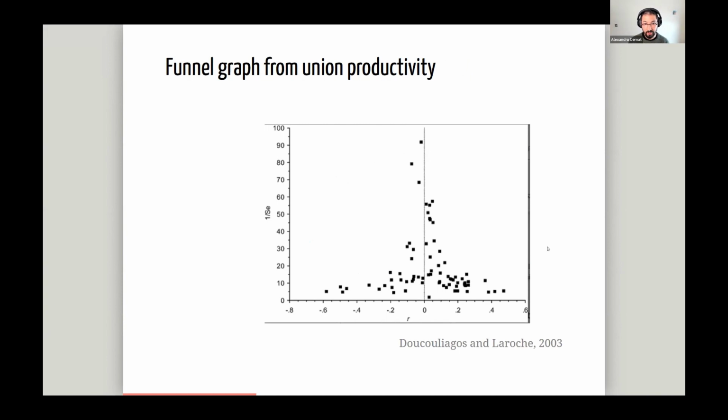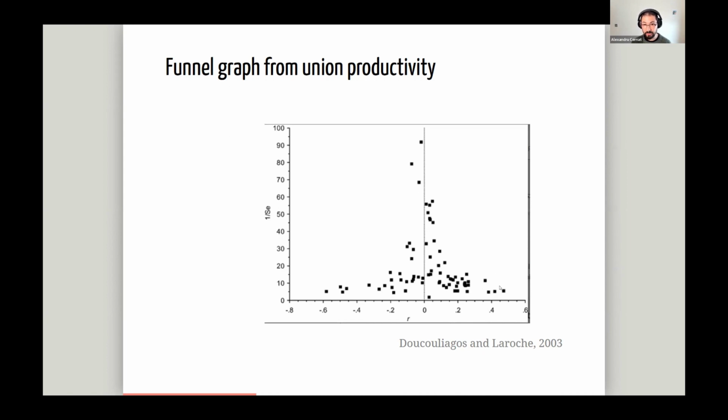Here we have one of these funnel graphs looking at the relationship between being part of a union and productivity. This is from economics. Each dot, again, is a coefficient from a study. The dots at the bottom are studies with smaller sample sizes, while the dots on top are coefficients from studies with larger sample sizes and thus smaller standard errors.